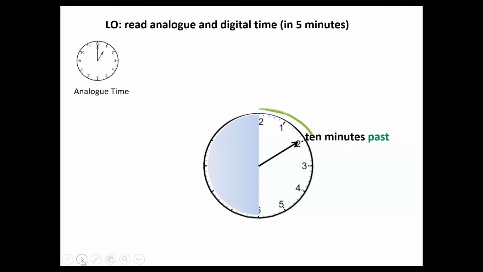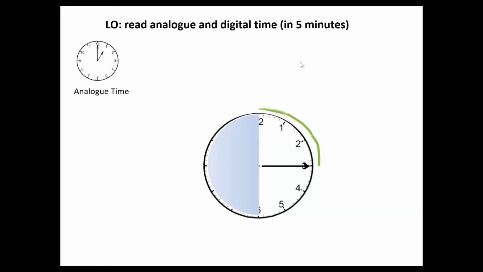Right? 10 minutes passed. Now the minute hand is moving again and it has reached on 3. Who will tell me how many minutes are over, or how many minutes are passed? Yes, Rudra, tell me. Very good, Kaustubh.